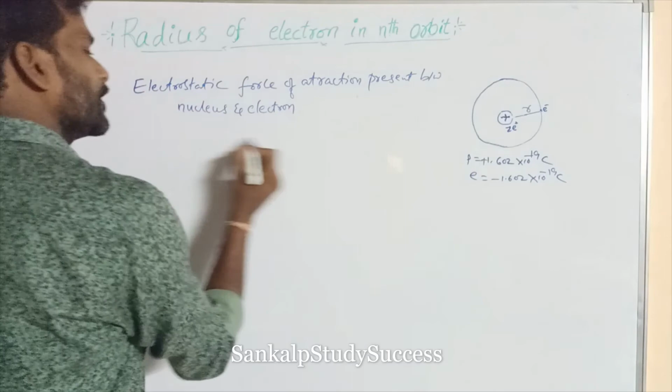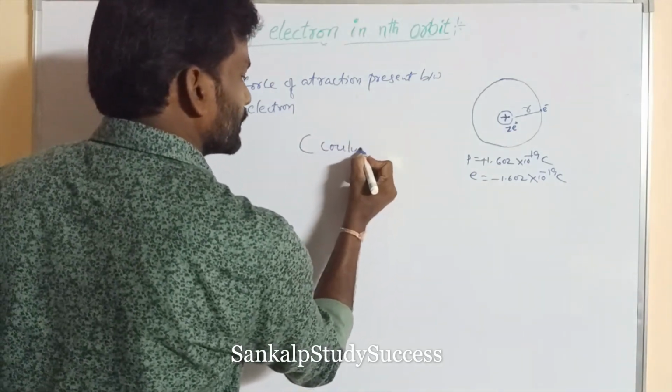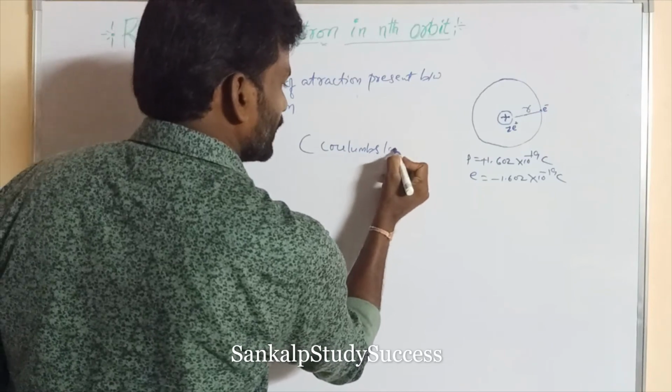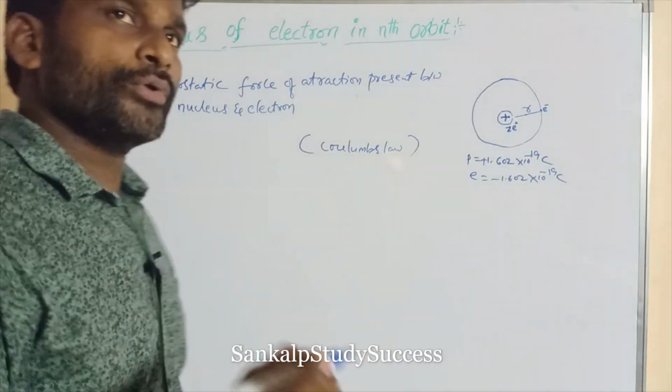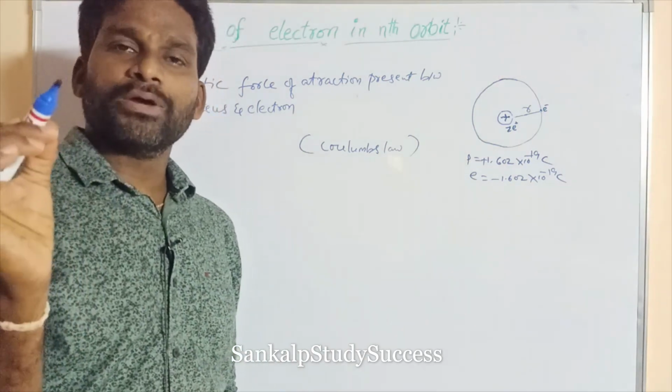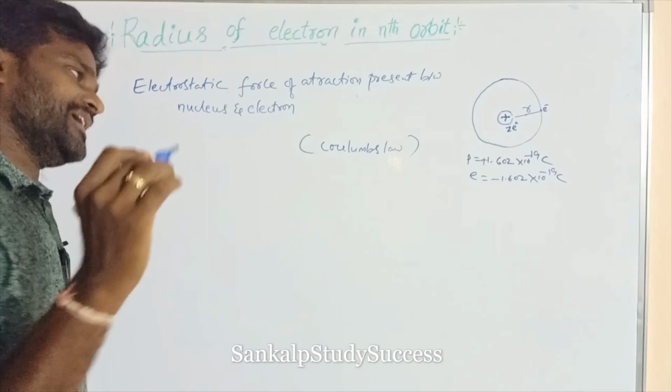According to Coulomb's law, which is studied in physics, F is equal to K into Q1 Q2 by R square, where K is a constant and Q1, Q2 are charges.